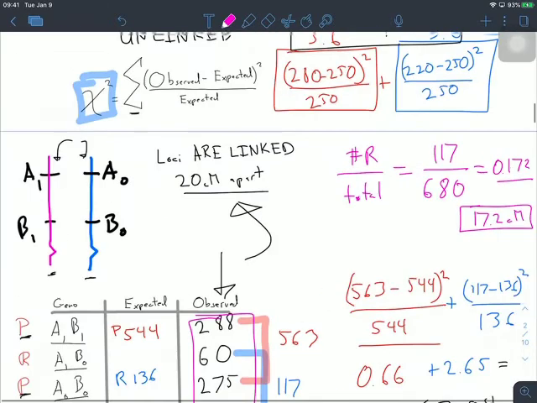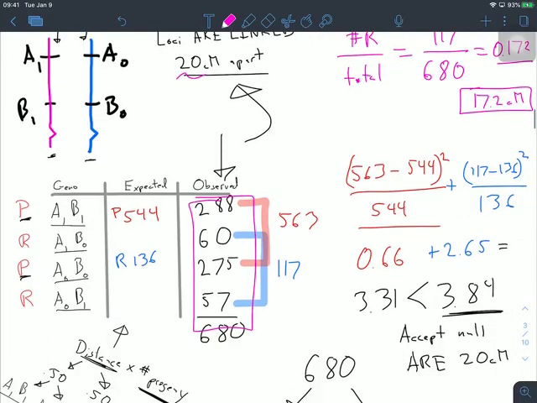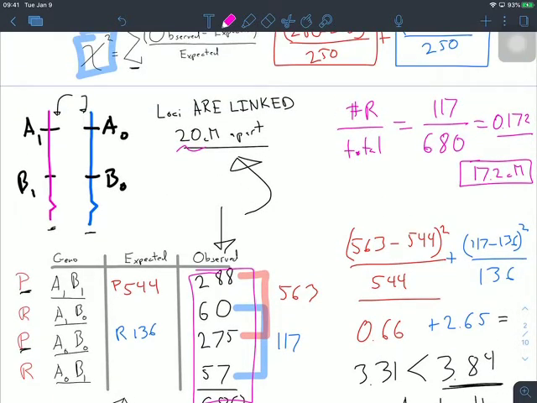So while I told you that these loci are 20 centimorgans apart and the observed number of progeny falls in line with that, so you cannot reject the null, if you use this to calculate a direct distance from these progeny, you would instead get a slightly different value.